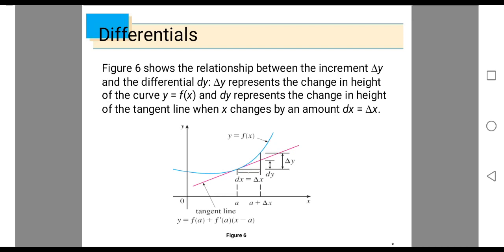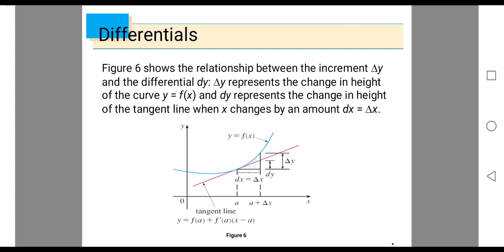All right, so for a differentiable function of two variables, z is equal to f of x, y, we define the differentials dx and dy to be independent variables. That is, they can be given any two values.